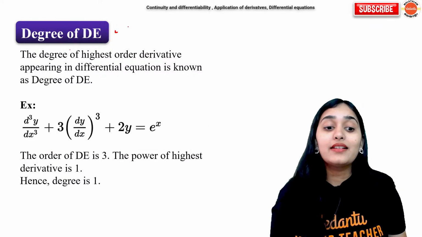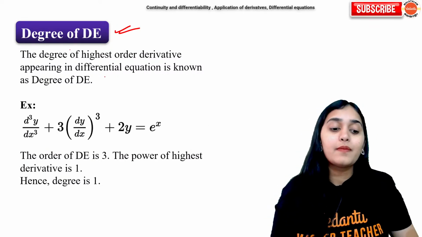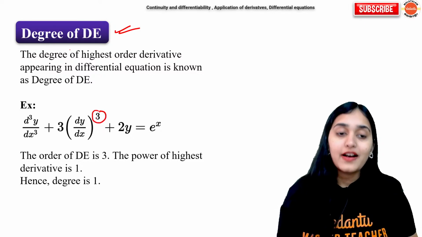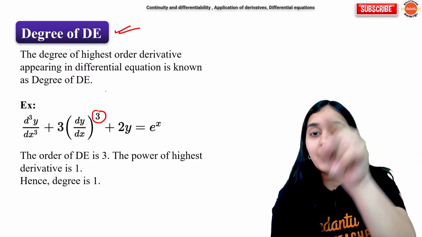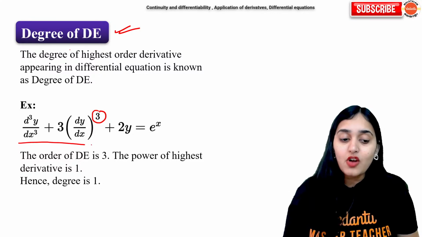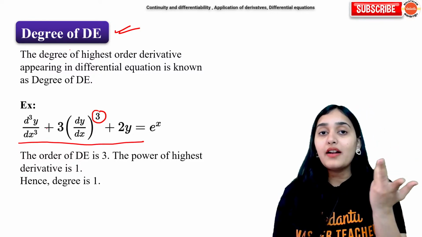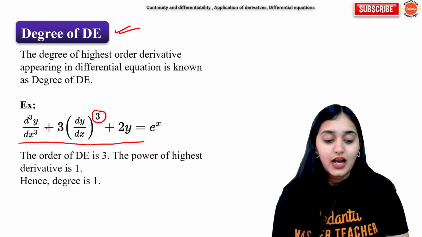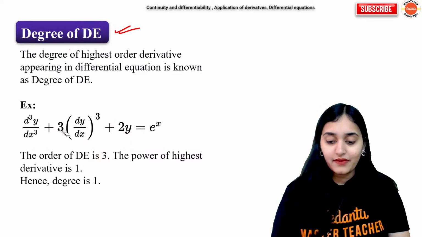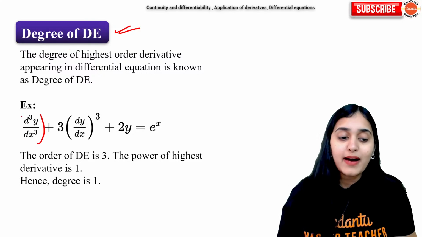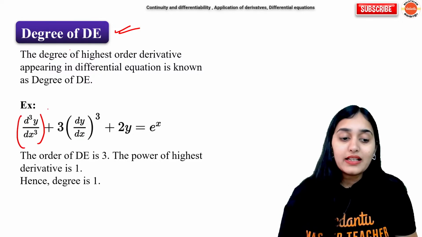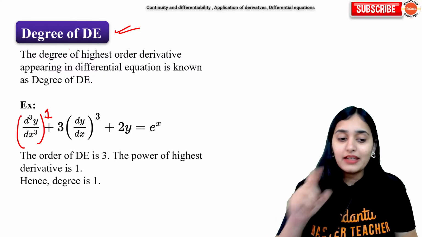Next, what is the degree of the differential equation? Power of the highest order derivative. Which is the highest order derivative here? Quickly tell me. Highest order derivative is d cube y by dx cube. What is the power of it? 1.